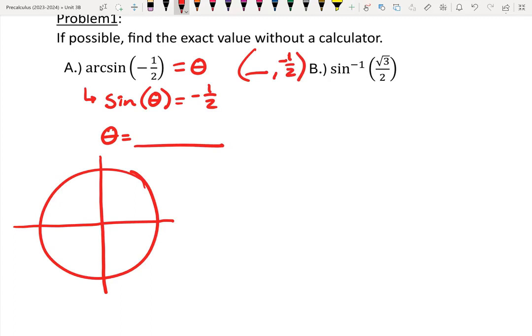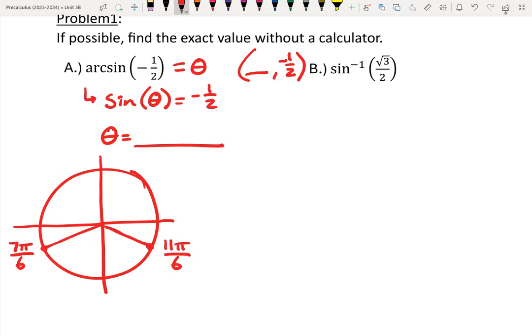All right, so where does that happen? At what two angles in radians? Where does sine equal negative 1/2? What was that? 7 pi over 6. So that happens at 7 pi over 6. Where else? 11 pi over 6. So it happens at these two places.